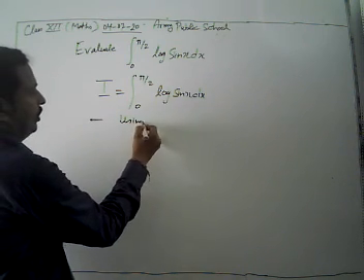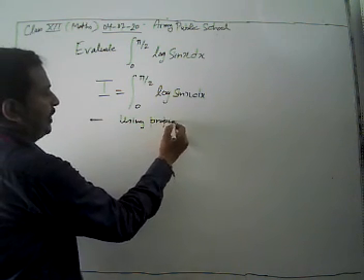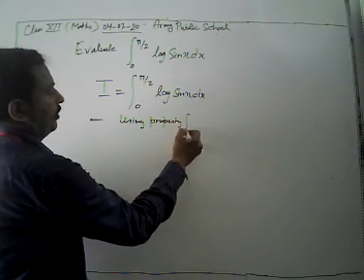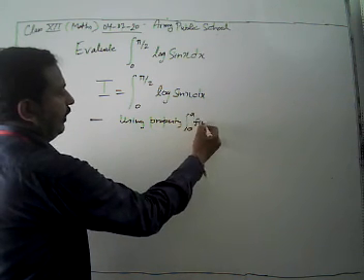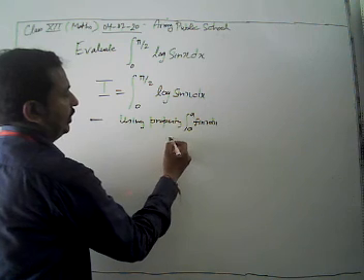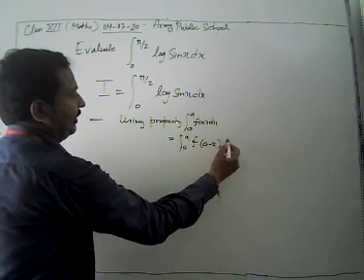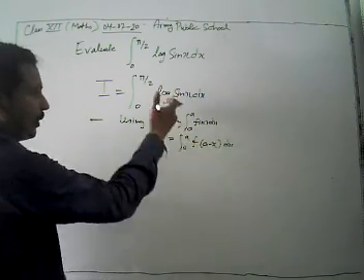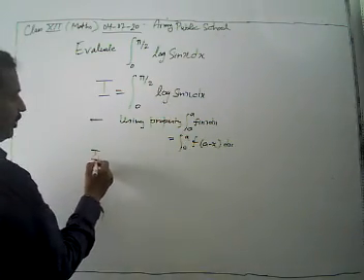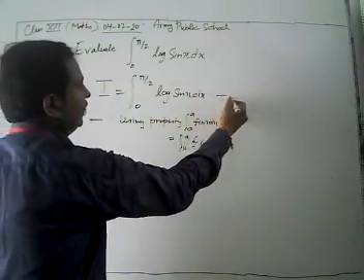Using the property: the integral from 0 to a of f(x) dx is equal to the integral from 0 to a of f(a minus x) dx. Using this property, take this expression as 1.